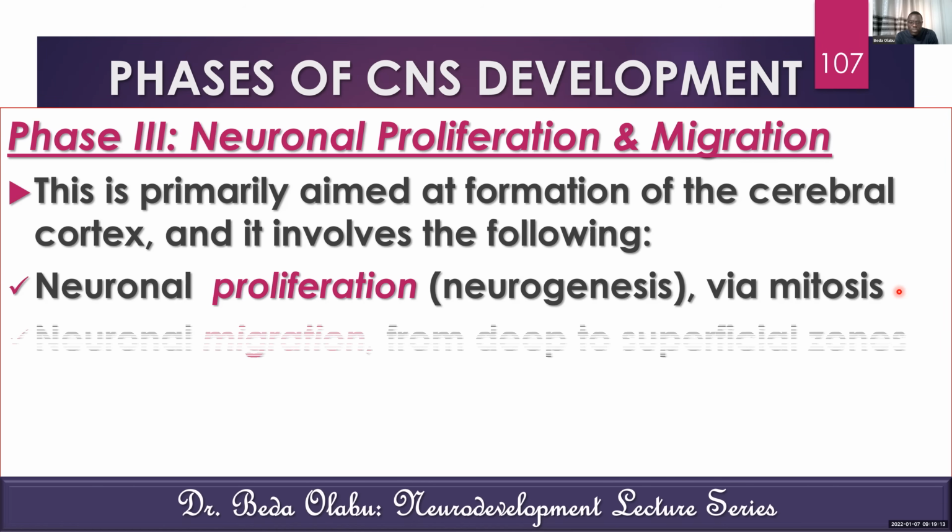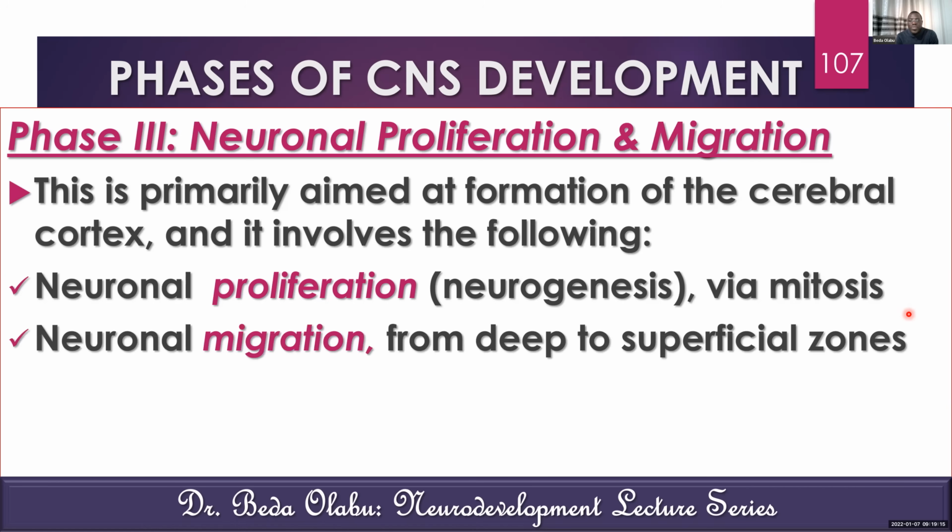Apart from neuronal proliferation, the neurons also migrate. Once they've been formed, they move. And the movement of neurons is largely from deeper zones to superficial zones of the neurotube. If you remember, the wall of the neurotube has inner zones, the ventricular zone, going outwards to the superficial zones.